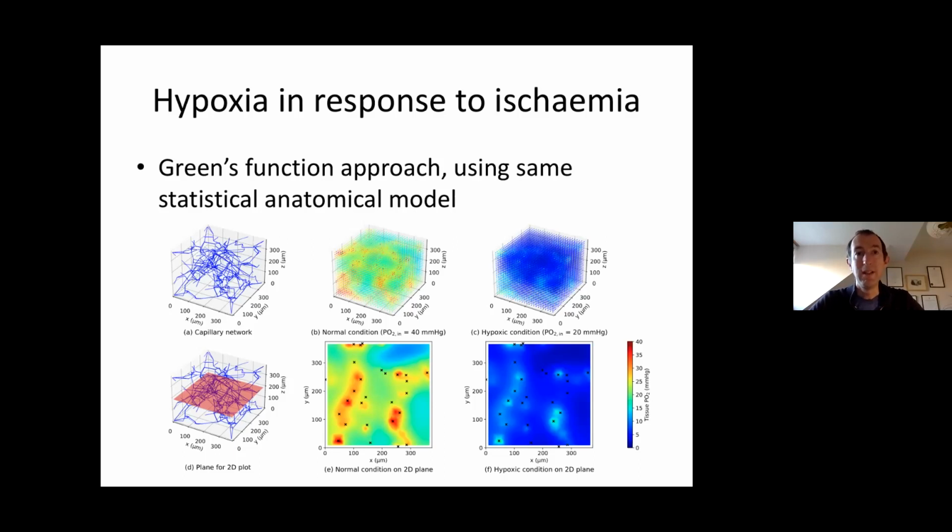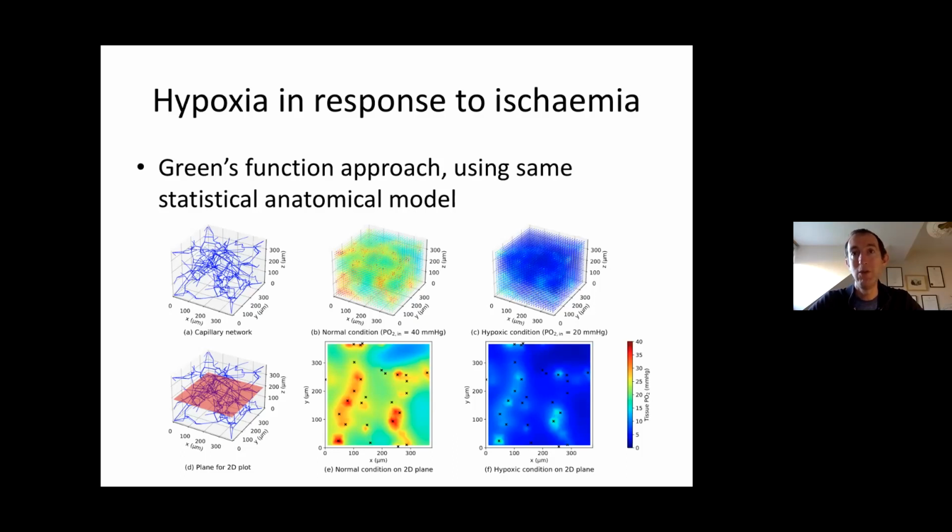So you can see under a normal condition, the first thing we've done is look at what happens if you change upstream conditions and reduce the partial pressure of oxygen. On the top, in the middle, you've got the normal condition, so your inlet partial pressure of oxygen is at a healthy level, and you can see that the tissue is nicely well supplied with oxygen.